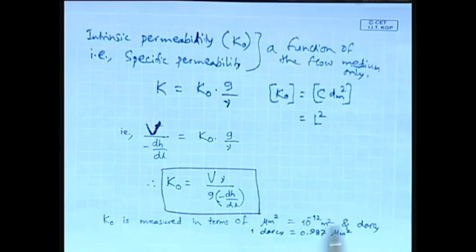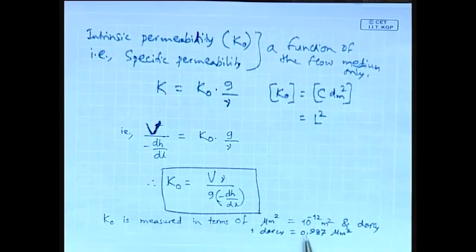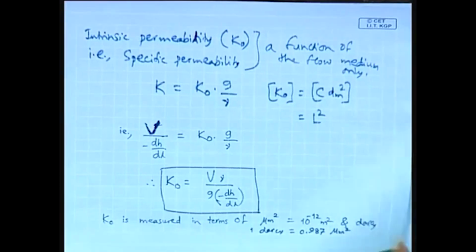And in petroleum engineering, another unit known as Darcy is also in use, and this Darcy is related to the micrometer square by this expression: 1 Darcy is equal to 0.987 micrometer square. So, you can roughly say that 1 Darcy is almost equal to 1 micrometer square. So, this is the intrinsic permeability, which essentially is a function of flow medium only, having the dimensions of square of the length.